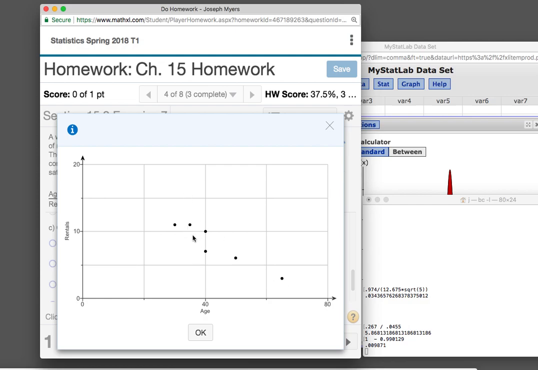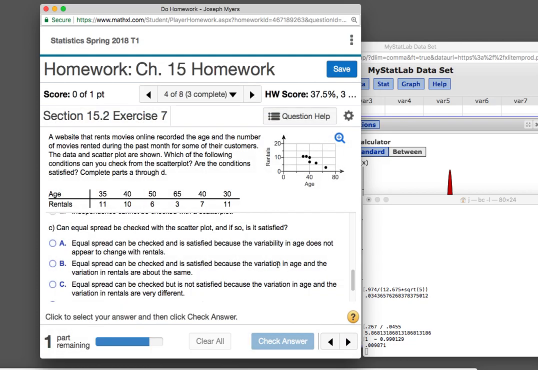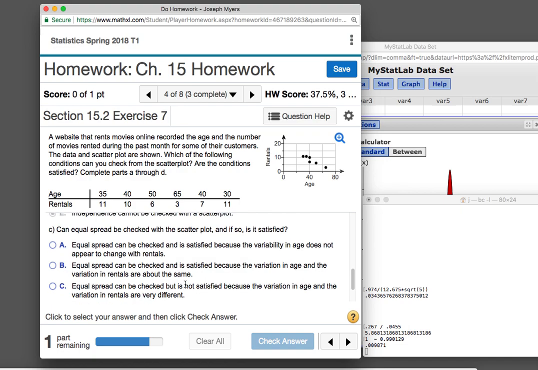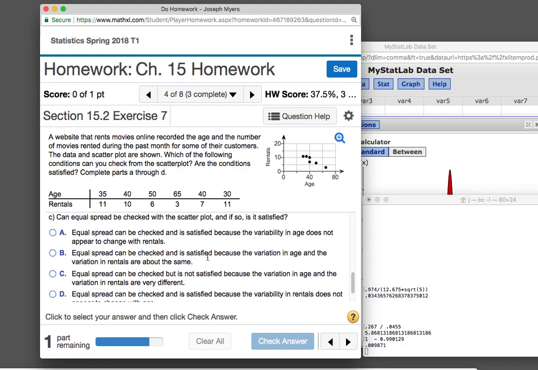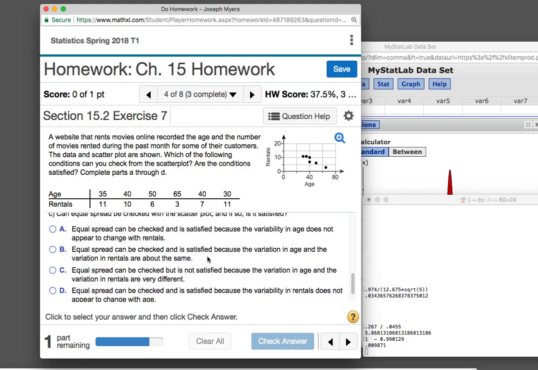So these points are spread about maybe 2 or 3 units apart, and maybe a similar distance along the way down. So to me, it looks like the variability in the rentals doesn't seem to be changing very much with age.